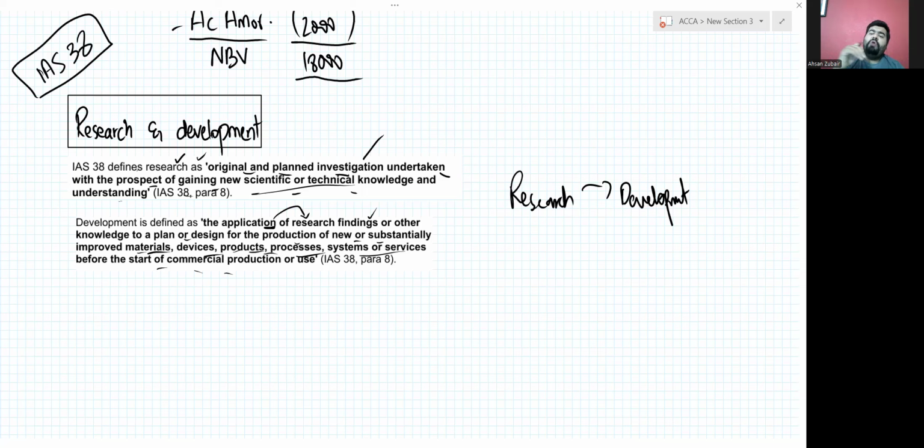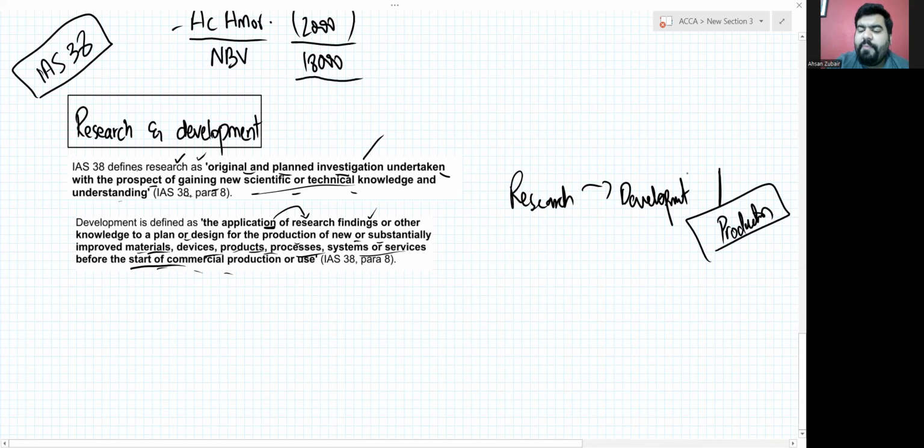Then in development, you apply that and experiment whether everything is okay. And it's written here, before the start of commercial production, which means development is what happens until you start production. When you have started the production, the development is done. So before that, what you are doing is research and development: the first part is research and the second part is development.